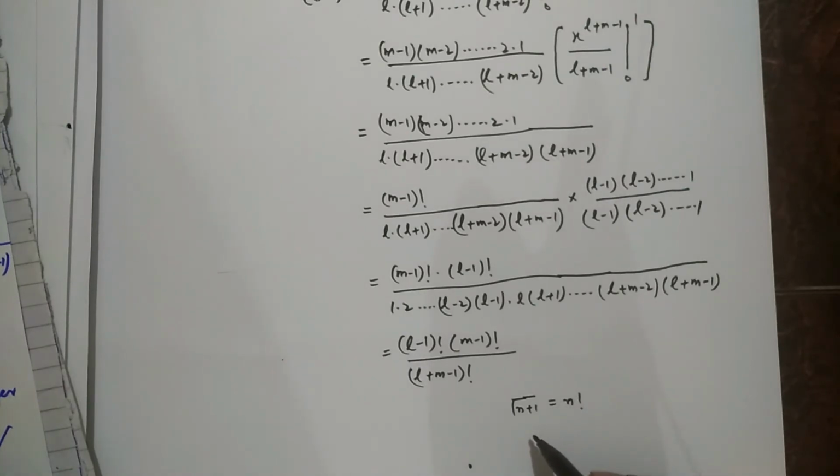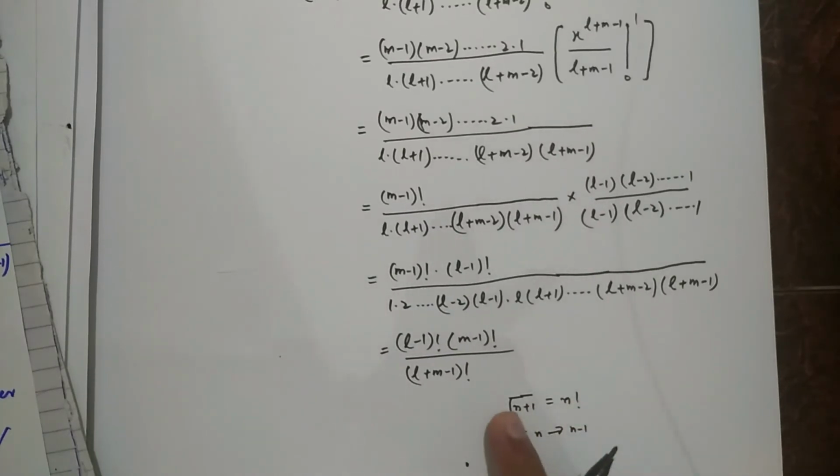If we replace n by n minus 1 in this equation, we will get gamma of n minus 1 plus 1 is equal to n minus 1 factorial. So this minus 1 plus 1 cancels and we are left with gamma n is equal to n minus 1 factorial.